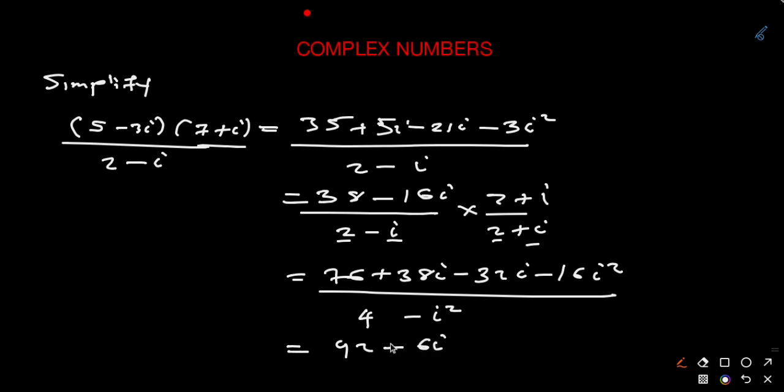And then divided by, i squared is negative 1, negative 1 multiplied by negative, that is positive 1. 4 plus 1, that is 5. So we need to split this one here in the format of complex numbers, and that is very, very important to remember. So this is how you're supposed to answer this one.